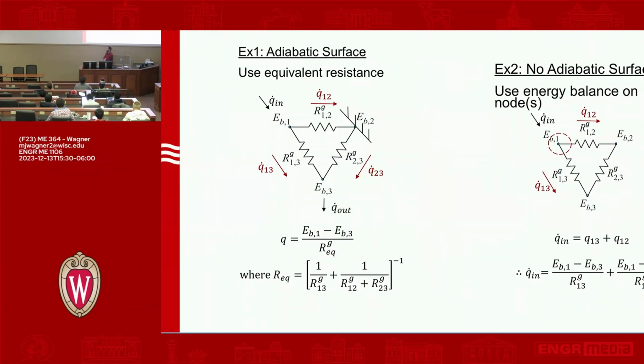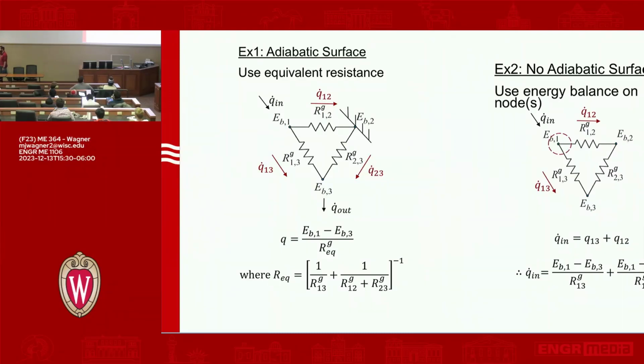Okay, but a point I want to add to what I had originally presented is, for these types of problems, if it's a three-surface problem, you can write out the resistance network. What you want to do is be intentional about what you're trying to get out of it, and realize the equations that we've written up here are trying to get out some heat flow from 1 to 3, so this is why we've set it up this way.